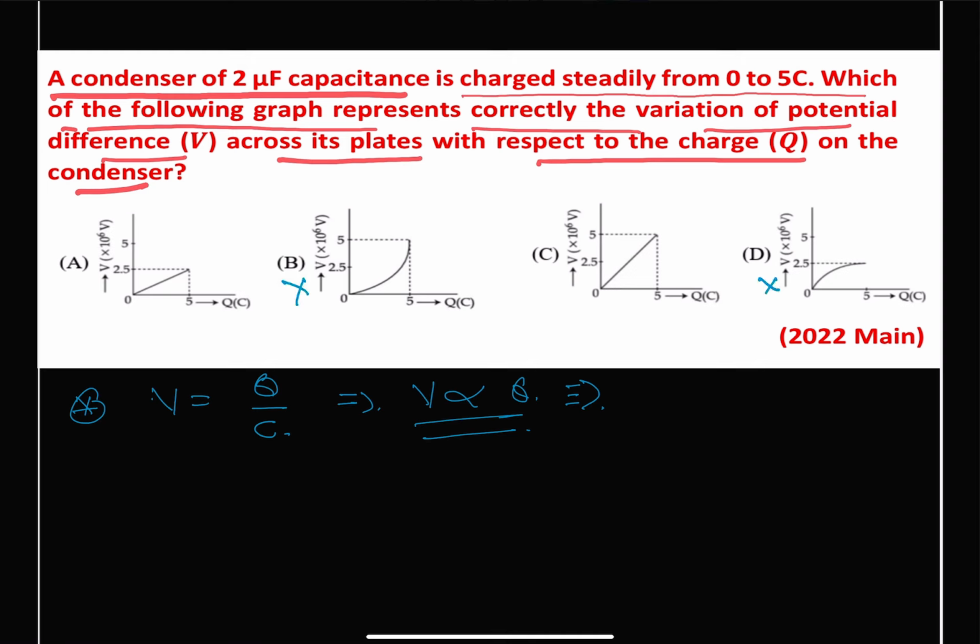The only possibility is graph A or graph C. But in graph A, when the charge in the capacitor is 5, the potential difference is 2.5, which is not according to this proportionality relationship. So option C is our correct one.